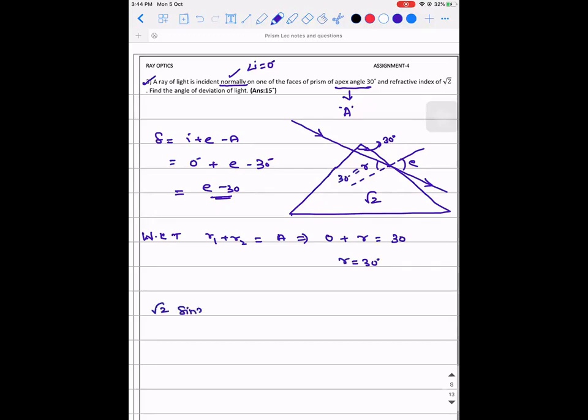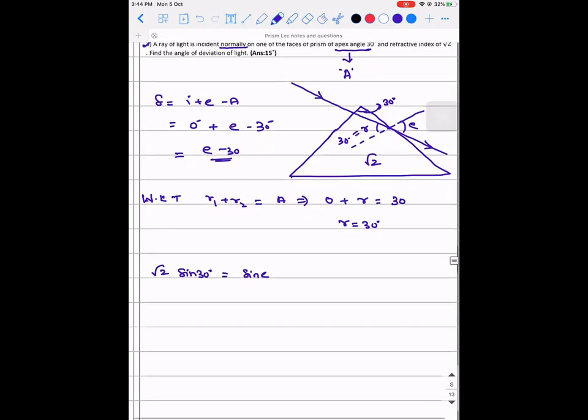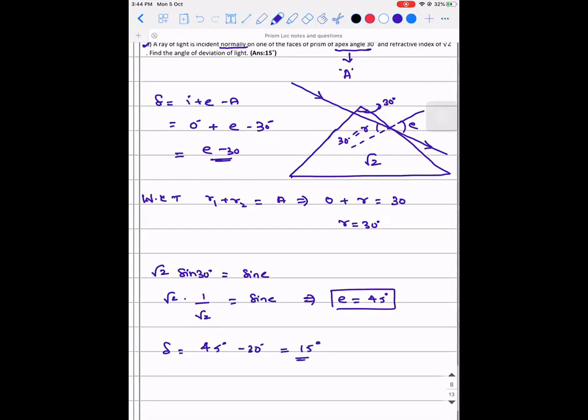Root 2 times sine 30 is equal to sine E. So root 2 into sine 30, which is half, is equal to sine E. So root 2 will cancel. So what is the value of E? It will be 45 degrees. When E is 45, delta is 45 minus 30. The answer will be 15 degrees. I hope you are able to understand.